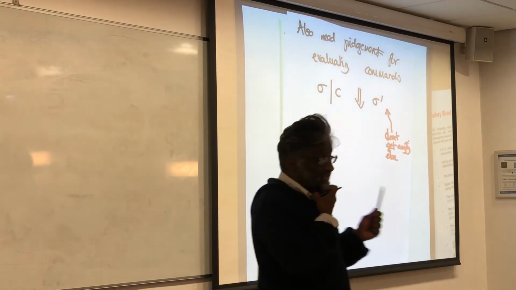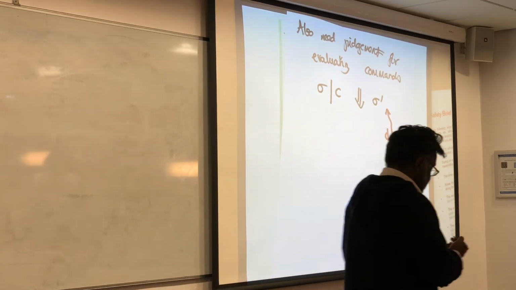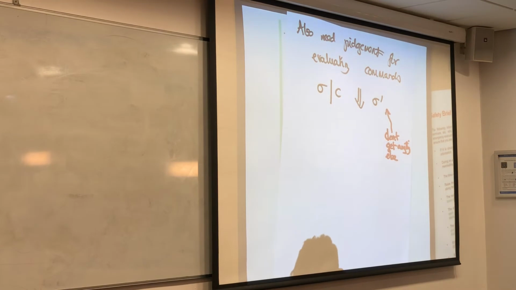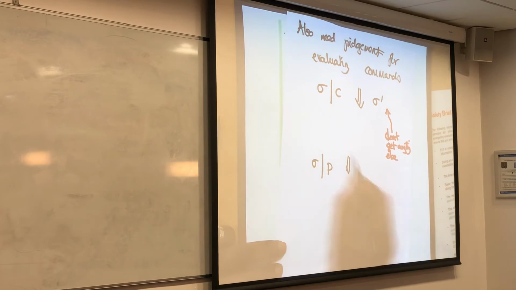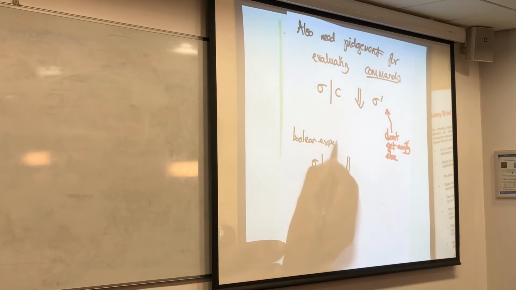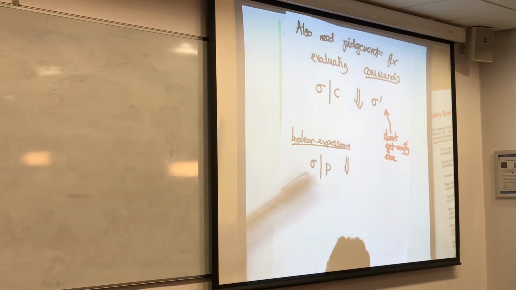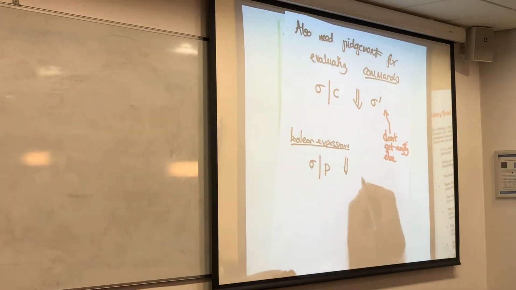Okay, but there's other things in the grammar, wasn't there? There's Boolean expressions. So this is commands. This is Boolean expressions. So, if in a memory we evaluate a Boolean expression, what are we going to get?